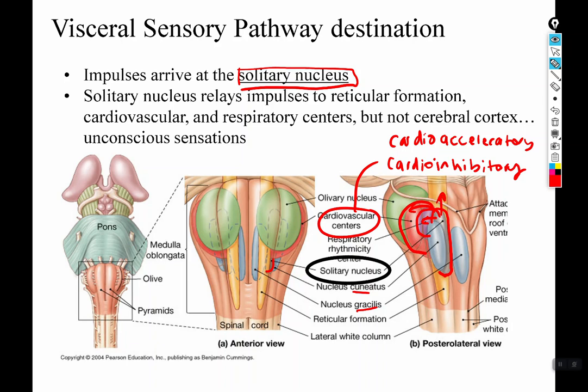But the solution to that is to speed up the heart, so that information would pop over to the cardiovascular centers, specifically to the cardioacceleratory centers. And these ones are not going to go to the cerebral cortex because they don't need to. Your brainstem is really important because it coordinates all of this stuff and sends efferent information on its own to mediate and modulate the function of the organs that are receiving sensory information in this particular pathway.